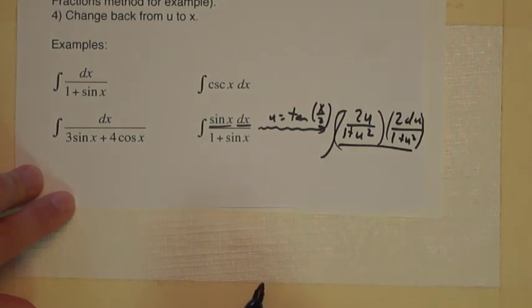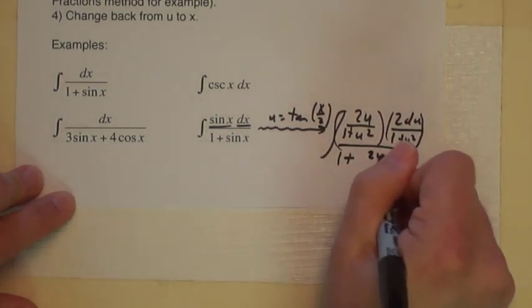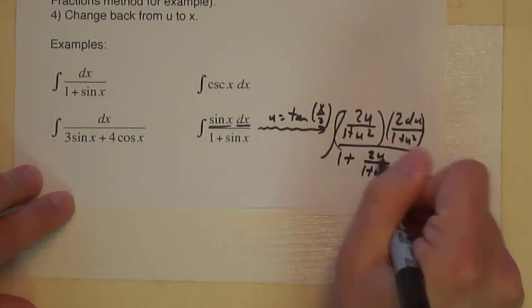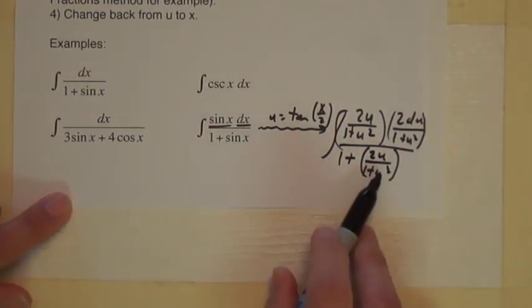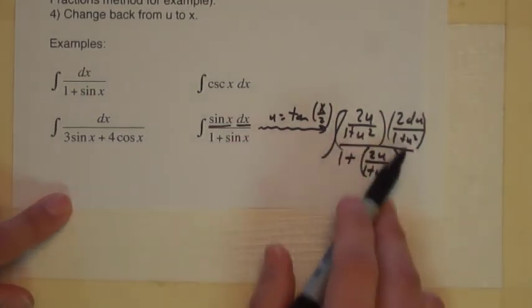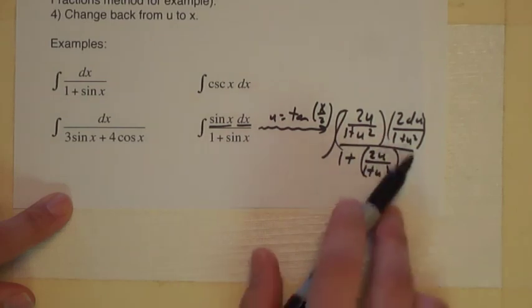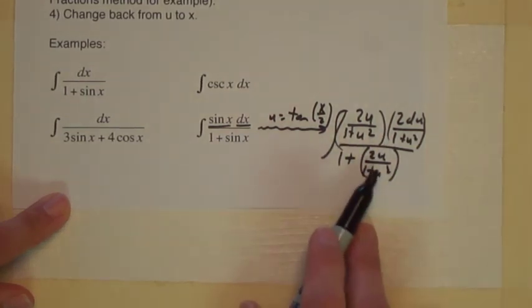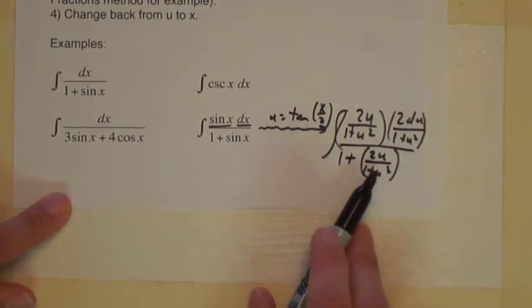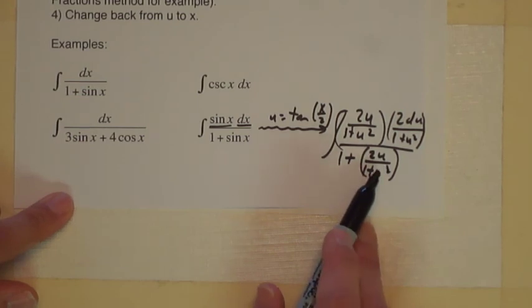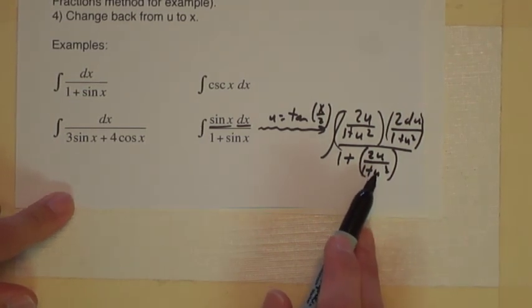And on the bottom, we get 1 plus sine x, which is this. And you can do a little algebra to simplify this, but it shouldn't be too hard to convince you that this comes out to be a rational function, and you can use partial fractions to decompose it, do the integral, and then change back from u to x.